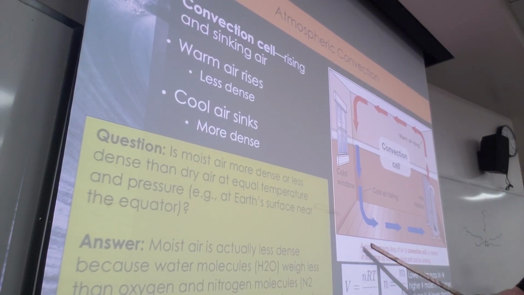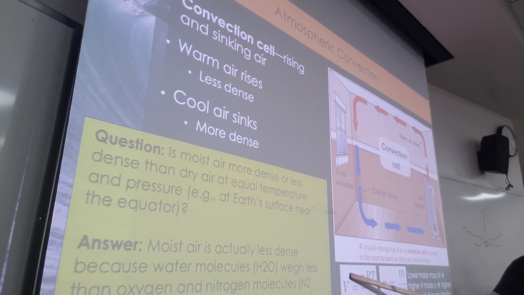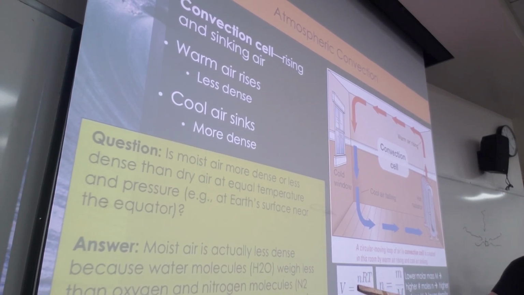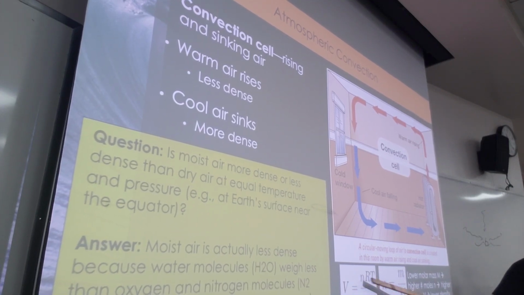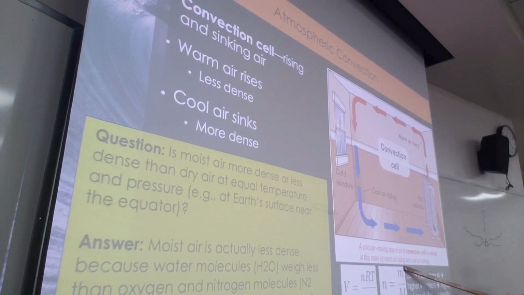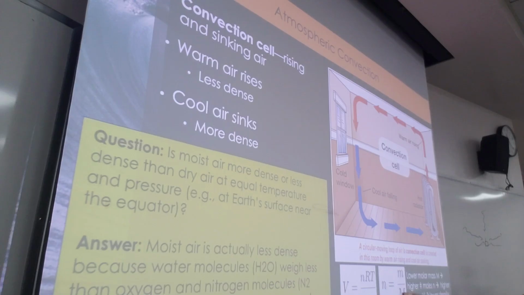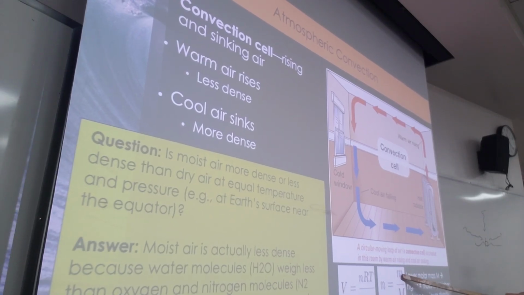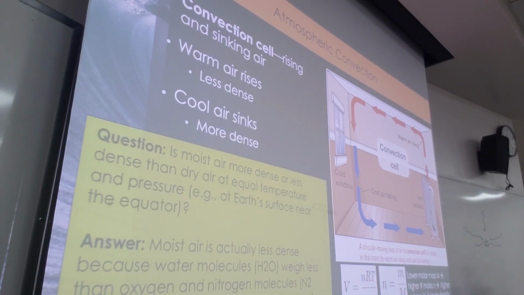And if you think about the ideal gas law, the ideal gas law says that the volume of a sample is proportional to the amount of moles of molecules that are in that sample. And the amount of moles is equal to the total mass of the sample divided by the molecular weight. So when the molecular weight goes down, that means the amount of moles goes up, which means your volume goes up, which means your density goes down.